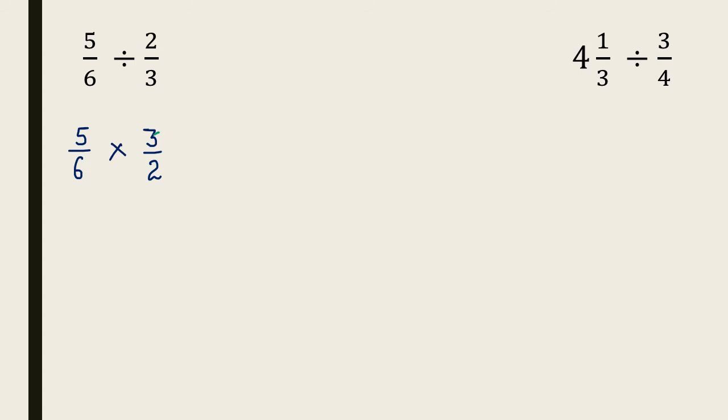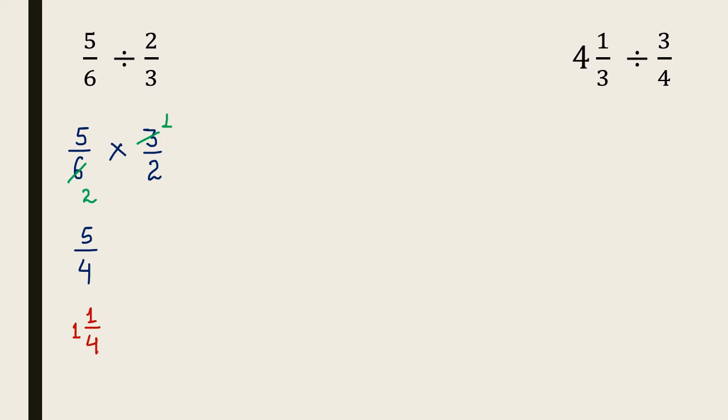So cut them. 3 ones are 3, 3 twos are 6. Now multiply the numerators. 5 into 1, 5, upon 2 into 2, 4. It is an improper fraction, so we will convert it in mixed fraction. It will give us 1 whole 1 upon 4.